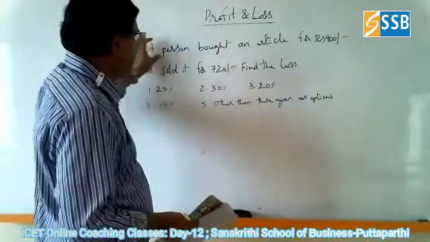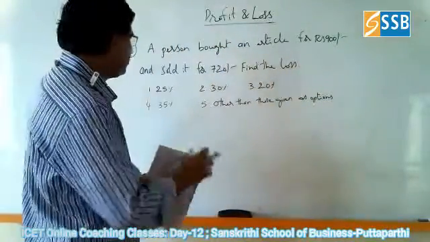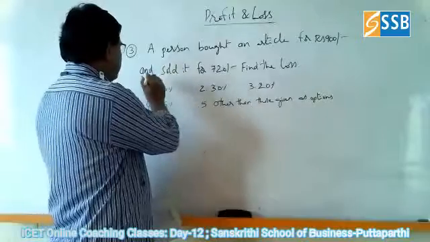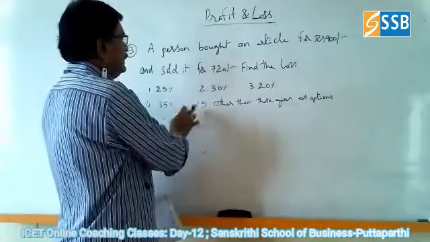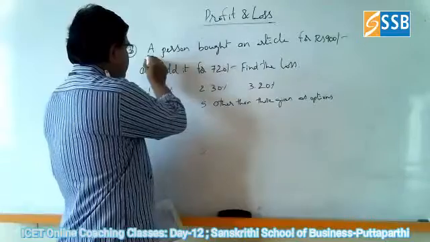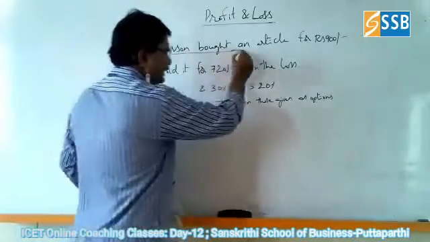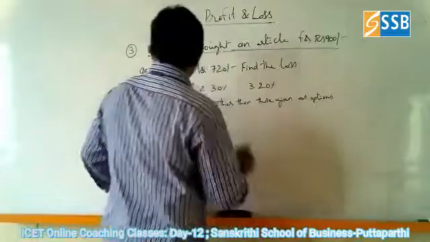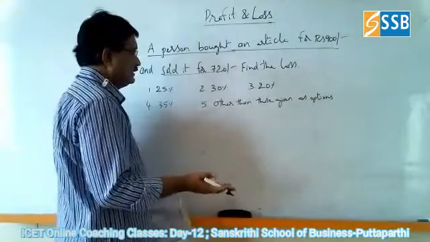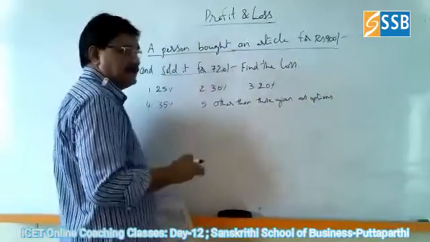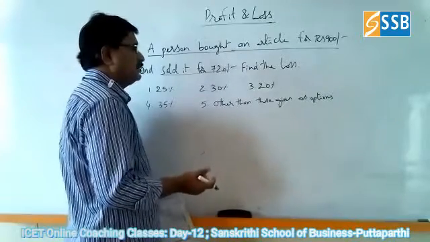So a person bought an article for rupees 900 and sold it for rupees 720. So again, it is one more problem. Previously what we had discussed, we purchased for 900, but we sold it for 720 rupees. Why did we sell for 720 rupees?